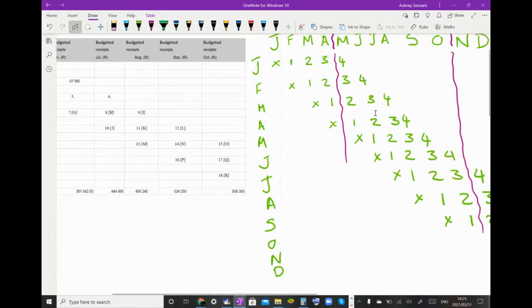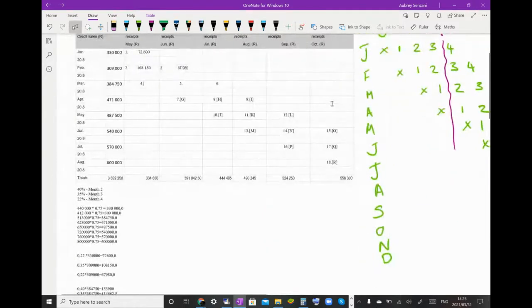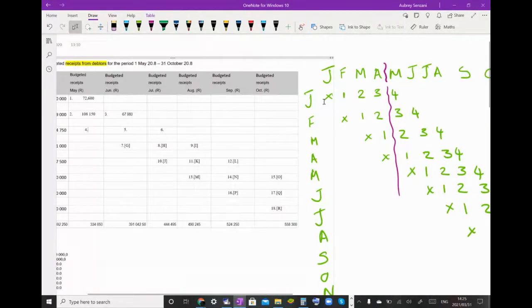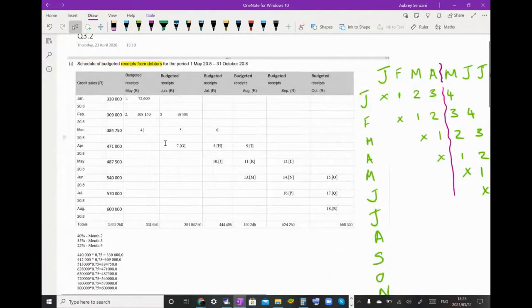We then need to go to March. March, we know second month installment is coming in May, third month installment is coming in June, and fourth month installment is coming in July. Okay, cool. So 40% in May.